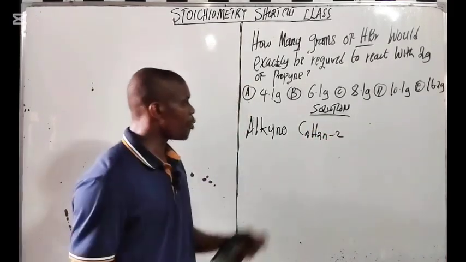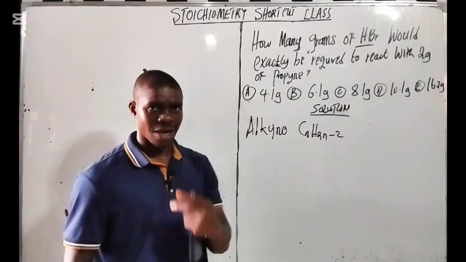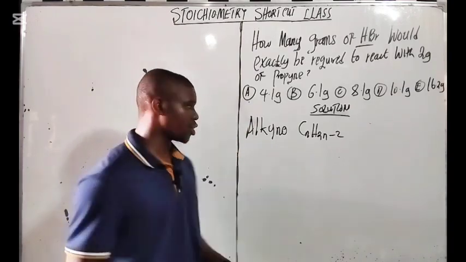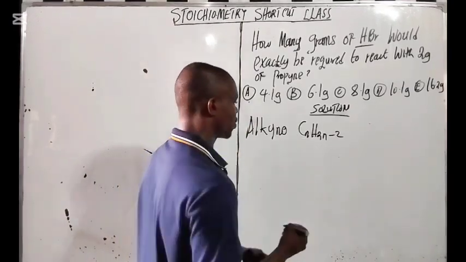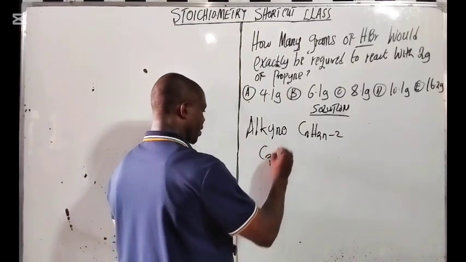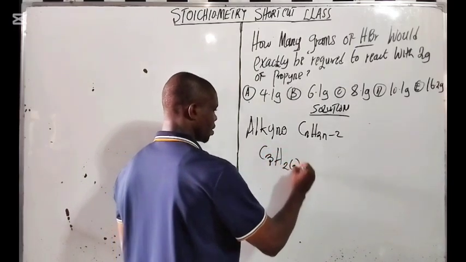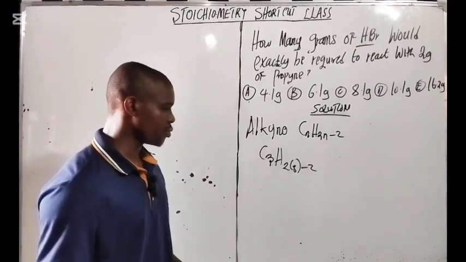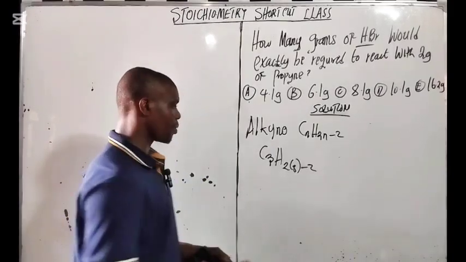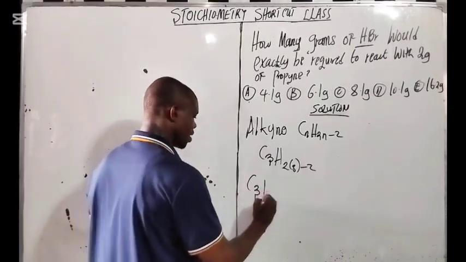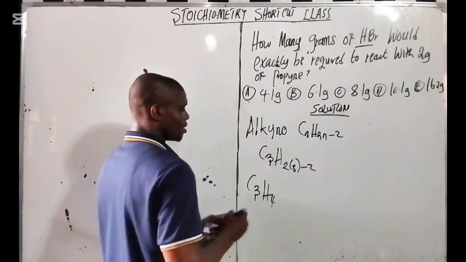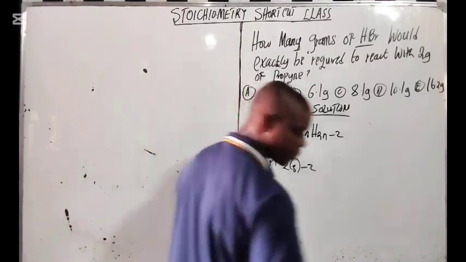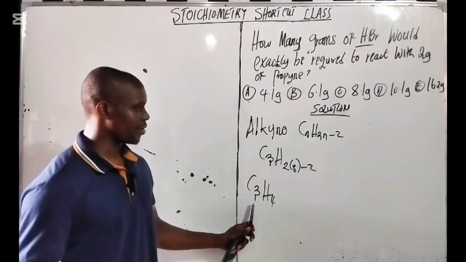Prop means 3 carbon. So if you substitute 3 here, it's going to be C3H(2 times 3 is 6, minus 2) which is 4. So here it's going to be C3H4. So this is the molecular formula for propane.